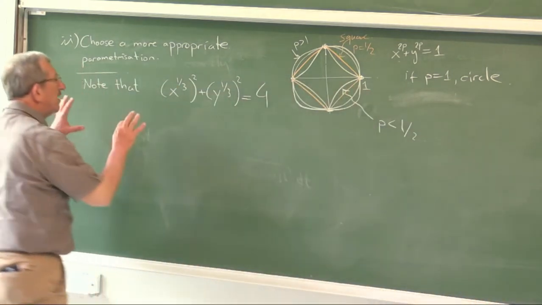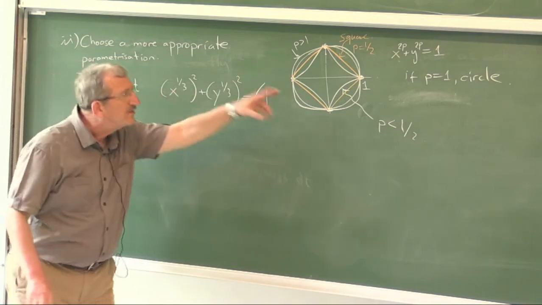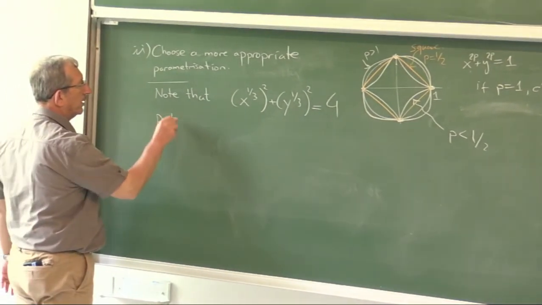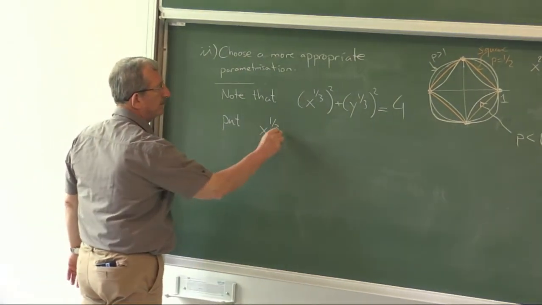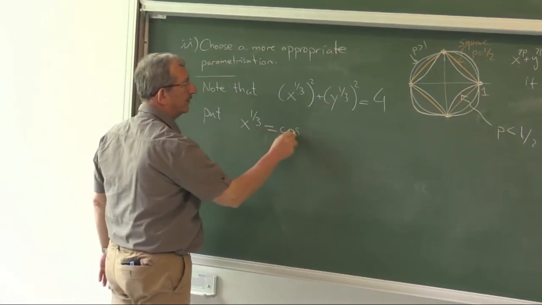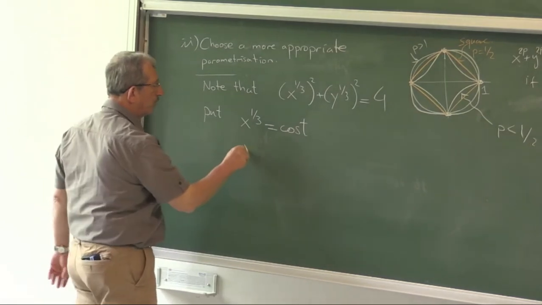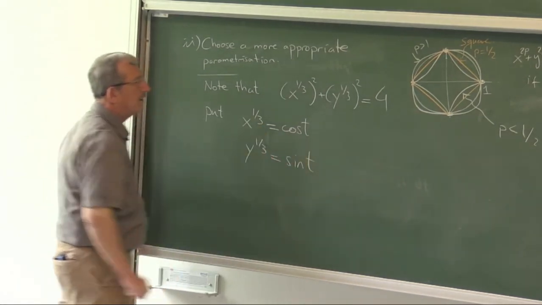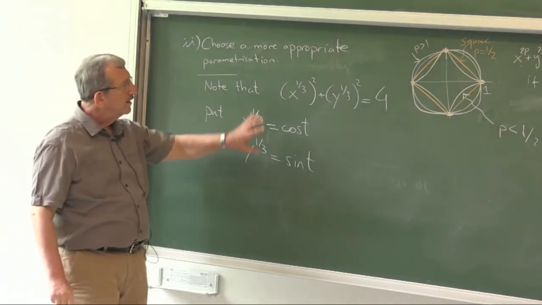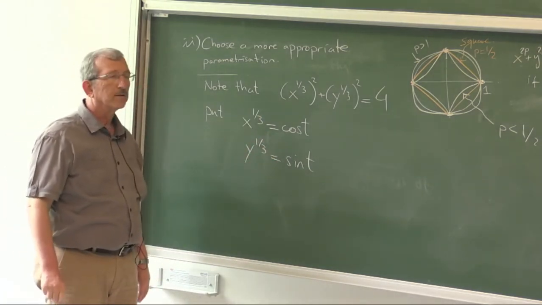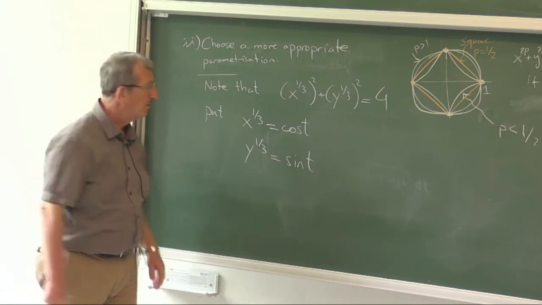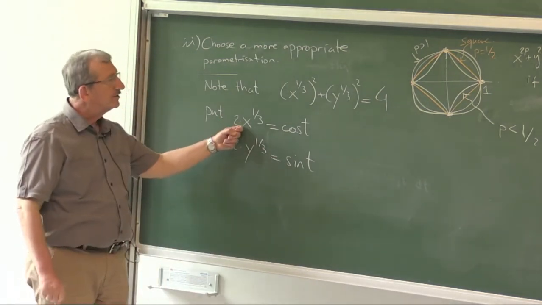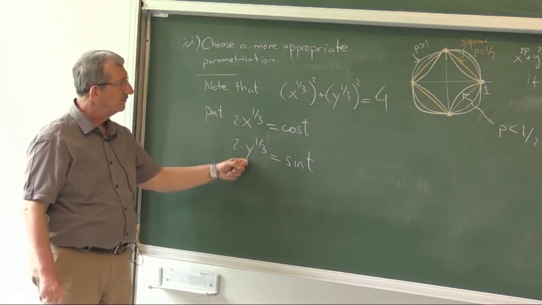But in our parametrization, we can get the hint from here. So put cube root of x, say cosine t, and put cube root of y, sine t. Of course, in this case, the sum of the squares will be 1. Well, we want it to be 4, so put 2's here.